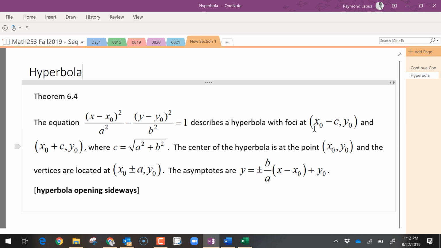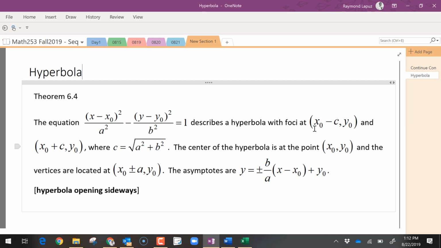Now, they also have asymptotes. And asymptotes come from the equation of the line. I guess you would call them slant asymptotes if you're just looking at a regular polynomial or a rational function. So they would have asymptotes.